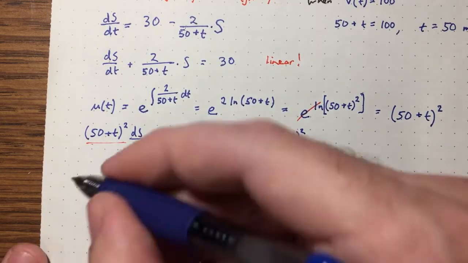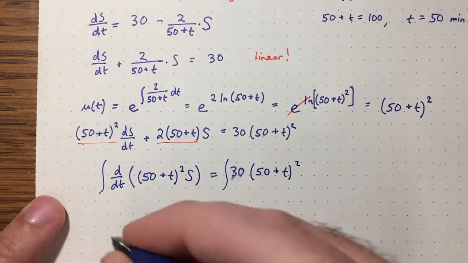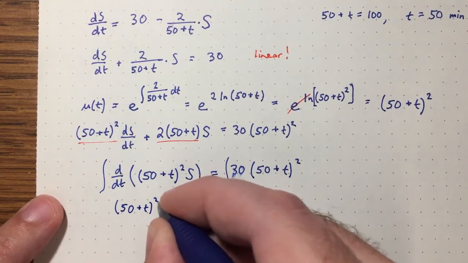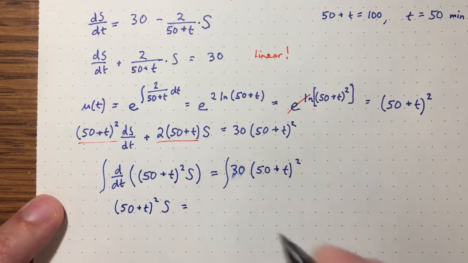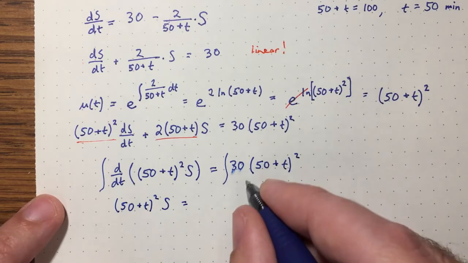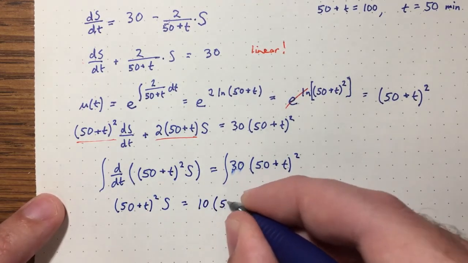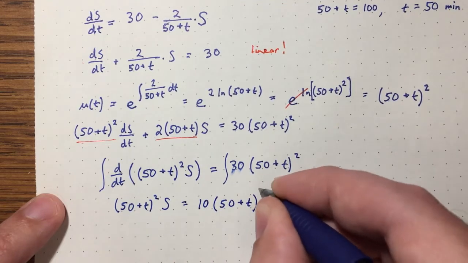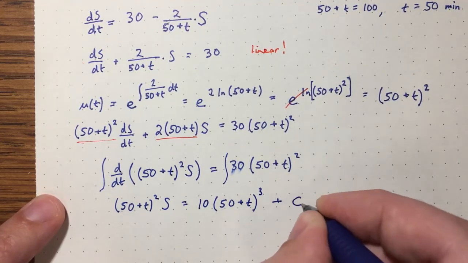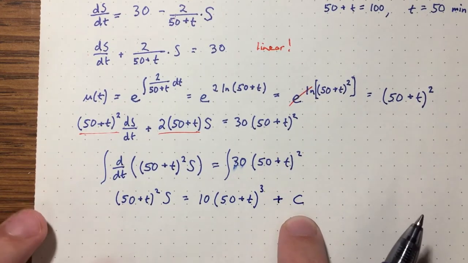And now we take the antiderivative of both sides. And so on this side, we get 50 plus t squared times s, and that's going to equal, what's the antiderivative here? It'll be 50 plus t cubed, but I need to divide by 3, so I actually have a 10 times 50 plus t cubed. And very important, I also remember to add an arbitrary constant here of integration.